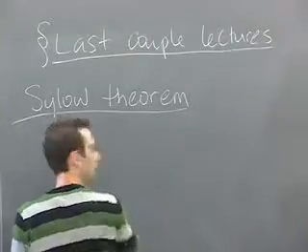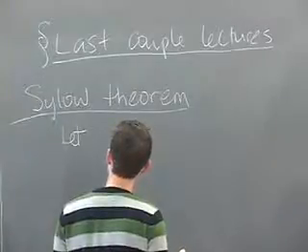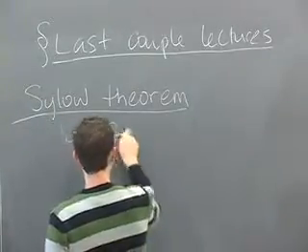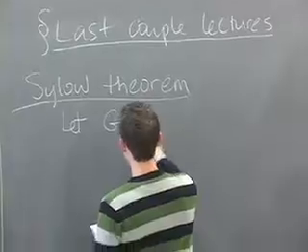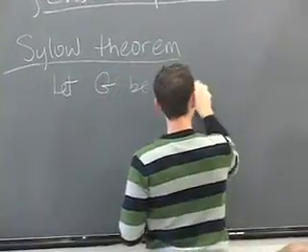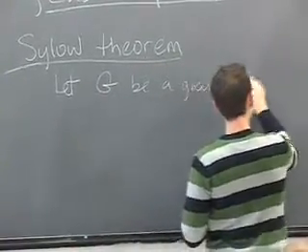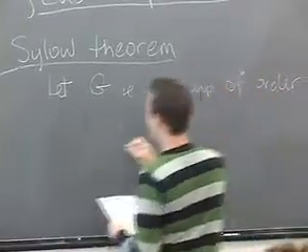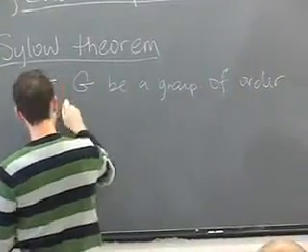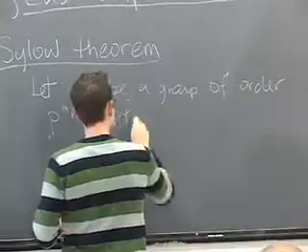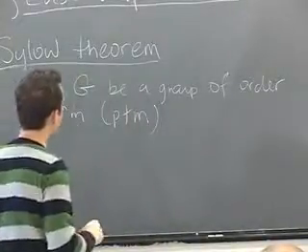So, the main hypothesis for the Sylow theorem, as we've learned it, is that we have a group, and we write its order as some p to the n times m, where p doesn't divide m.